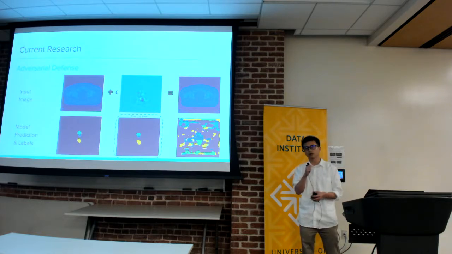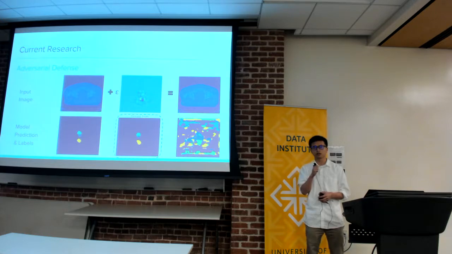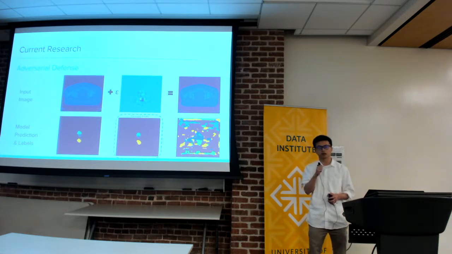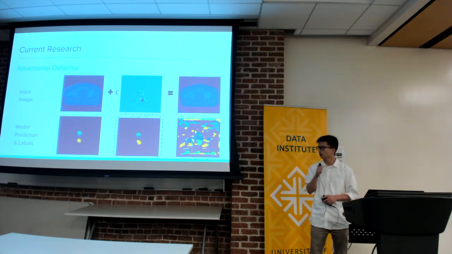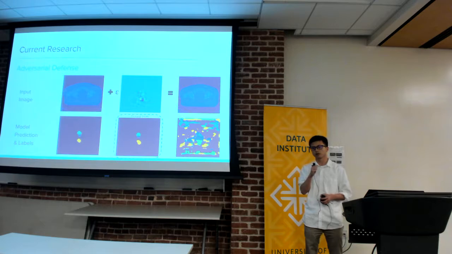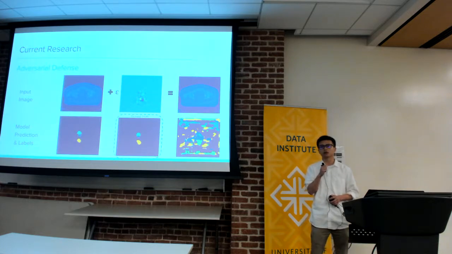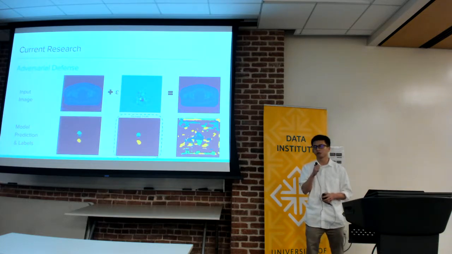Firstly, we built a really good model to make segmentations based on CT images. The segmentations are for 3 different organs. You can see from this picture, the model is well trained to make predictions quite close to the ground truth. But on top of this, we built an attack system to generate some noises to mess up this model.